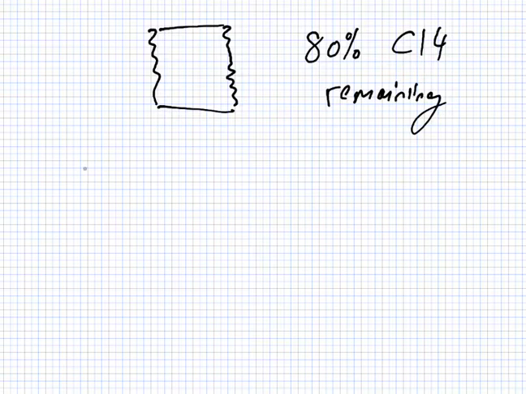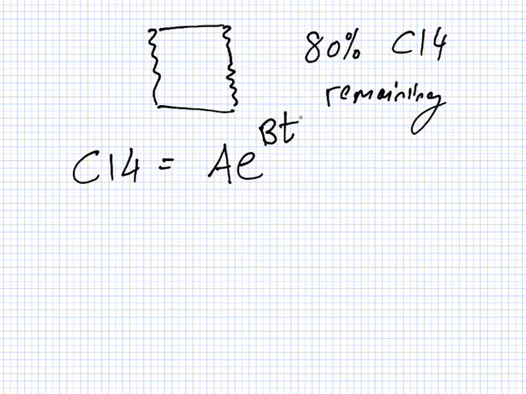So we have carbon-14 is equal to AEBT. How much carbon-14 do we have at the start, when the animal just died? 100%. So we have 100% equals AE0.